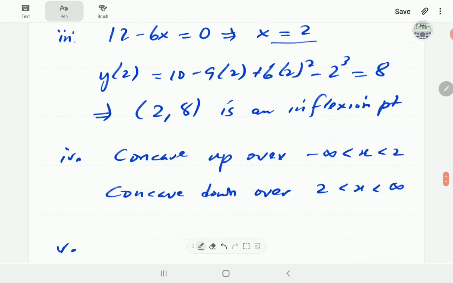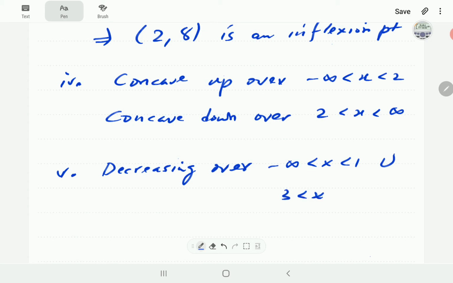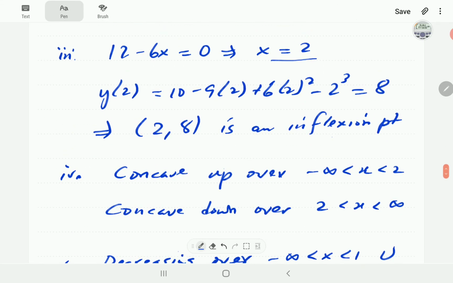So the left hand side of 1, we're going to say decreasing over, on the left hand side of 1, the graph is decreasing. Then we're going to say union. On the right hand side of 3 as well, the graph is decreasing.